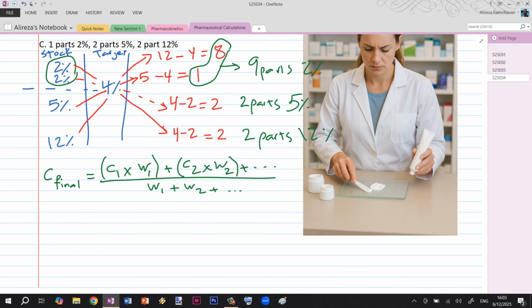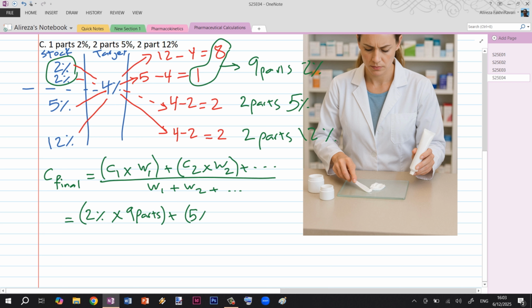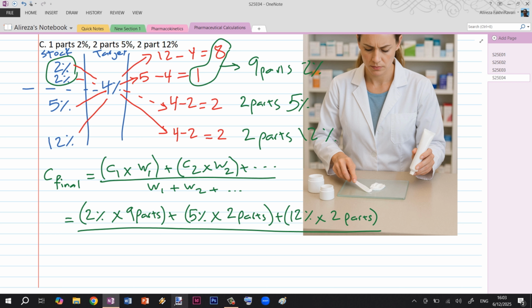In this case the first concentration is 2%, and we have 9 parts, plus the second concentration is 5%, and we have 2 parts, and the third one is 12%, which we have 2 parts, divided by the total parts.